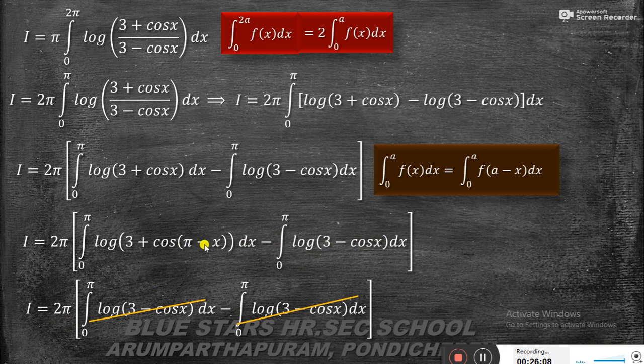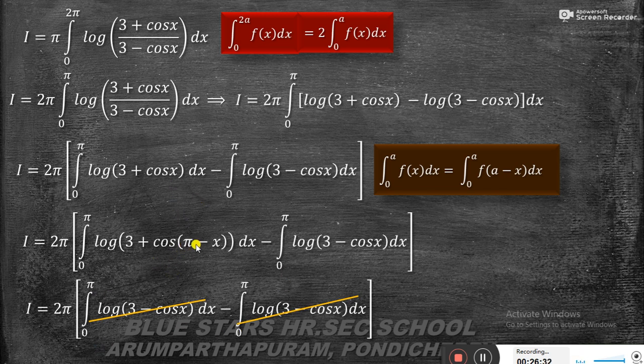Now cos of (pi minus x): pi represents 180 degrees, which is the second quadrant. In the second quadrant only sine and cosecant are positive; all the remaining trigonometric functions are negative.